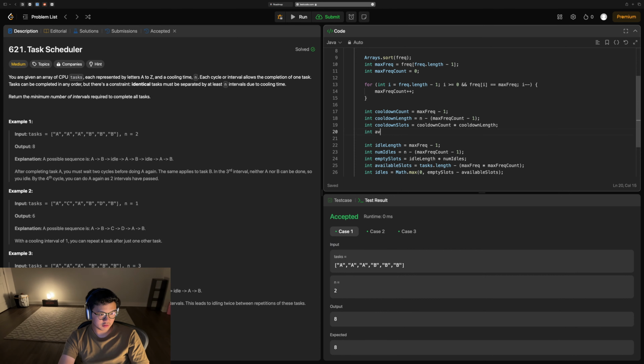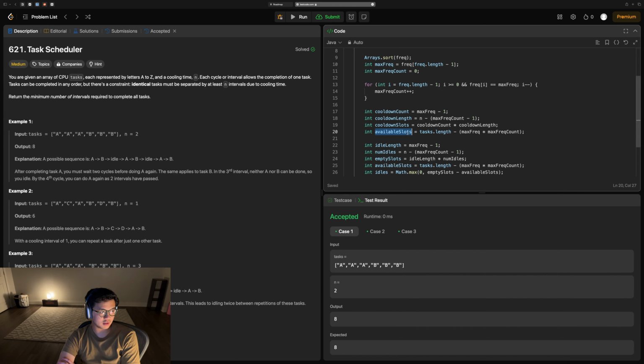So this is the number of guaranteed fill slots we have currently. And then this is the number of tasks. So this will give us the remainder.